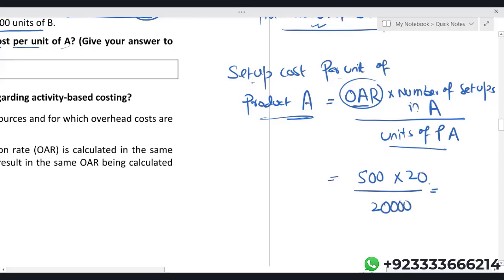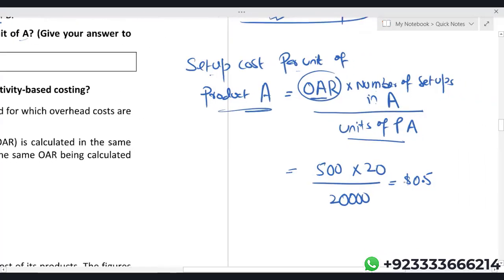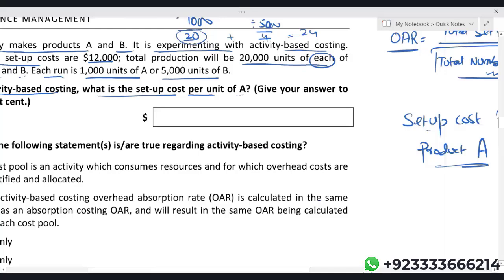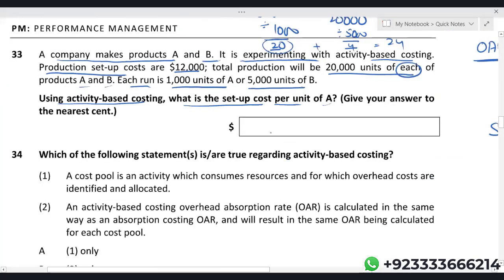So 500 multiplied by 20 gives $10,000, divided by 20,000. The answer is $0.5 per unit.